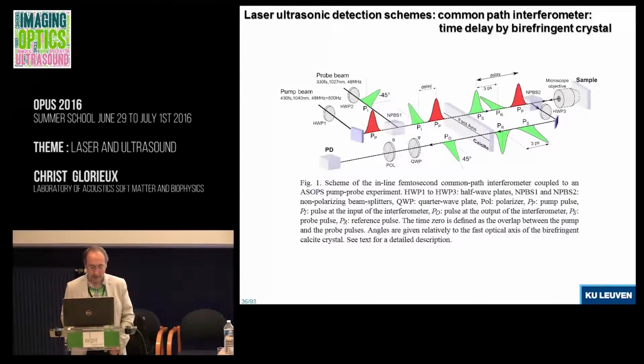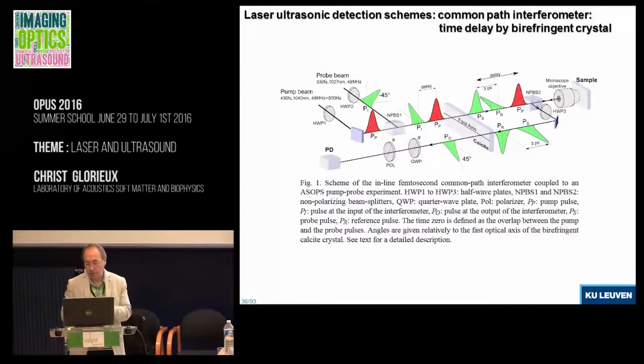So this is a kind of Sagnac interferometer, but instead of sending the beam to another path, they split the beams and have a birefringent crystal, and so one beam's optical path length is different because it's polarized differently, and the speed of sound is different depending on the polarization.